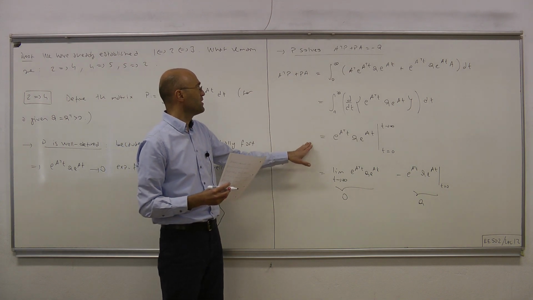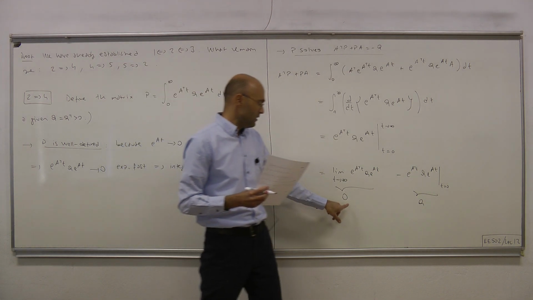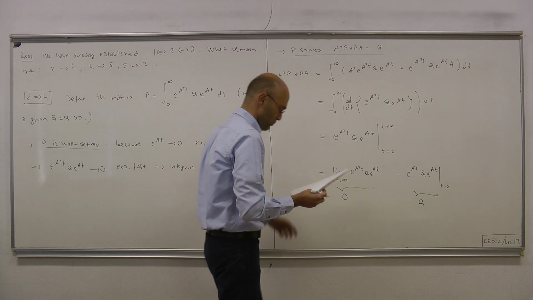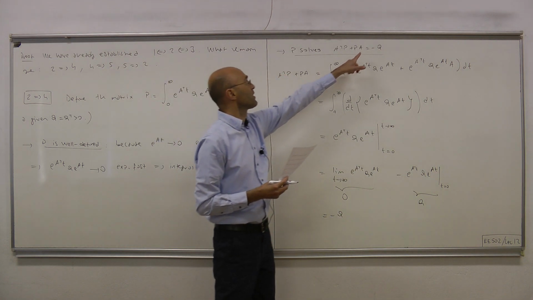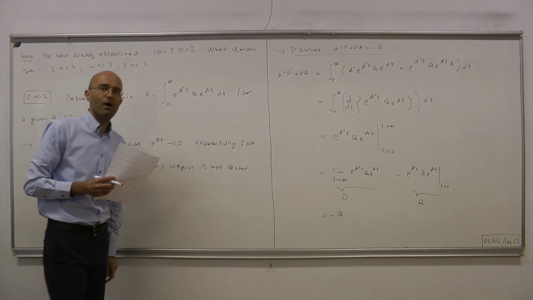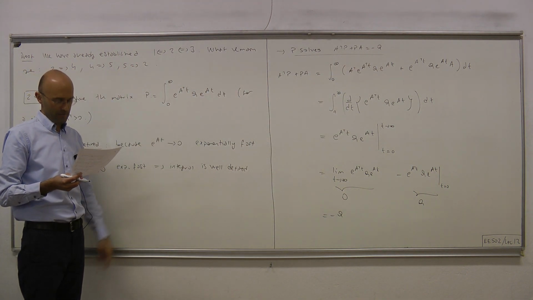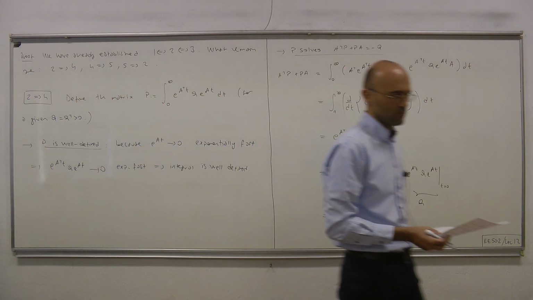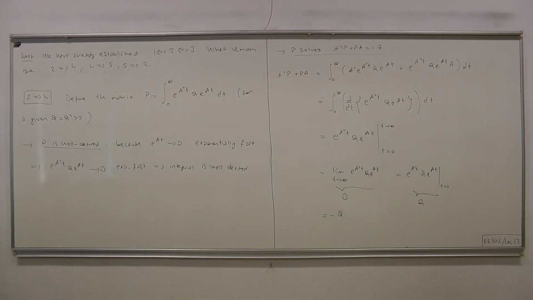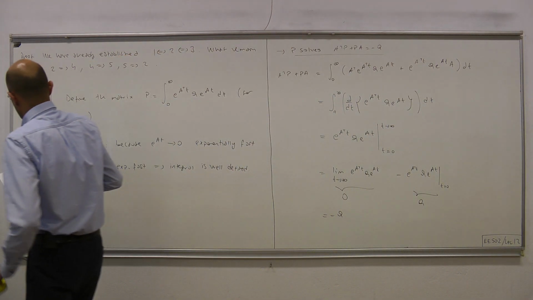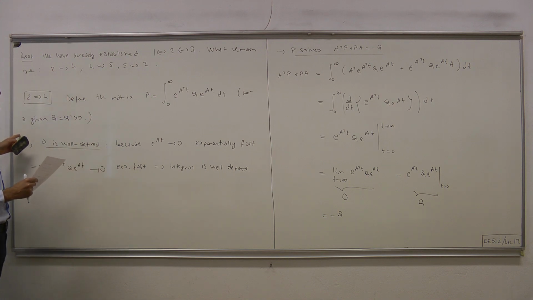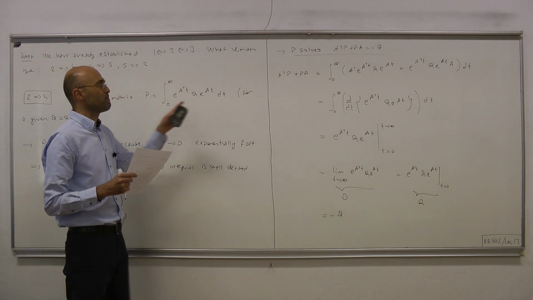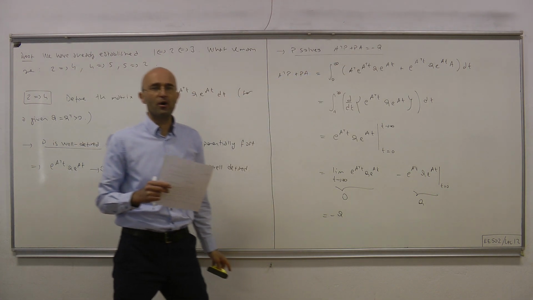So what we have therefore is A transpose P plus PA equals 0 minus Q. Hence, the Lyapunov equation is solved by our candidate P. Now, we had some other claims in the fourth statement, such as that no other P solves that equation.